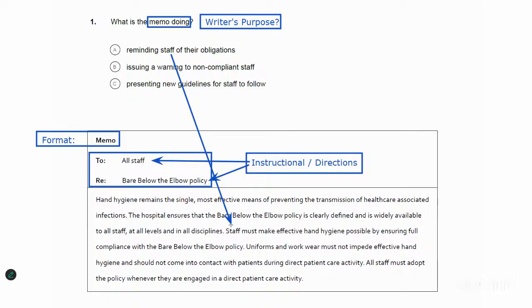Ensuring means make sure, means compulsory. Make sure means compel. Ensuring means make sure. It's an obligation. Staff's obligation.